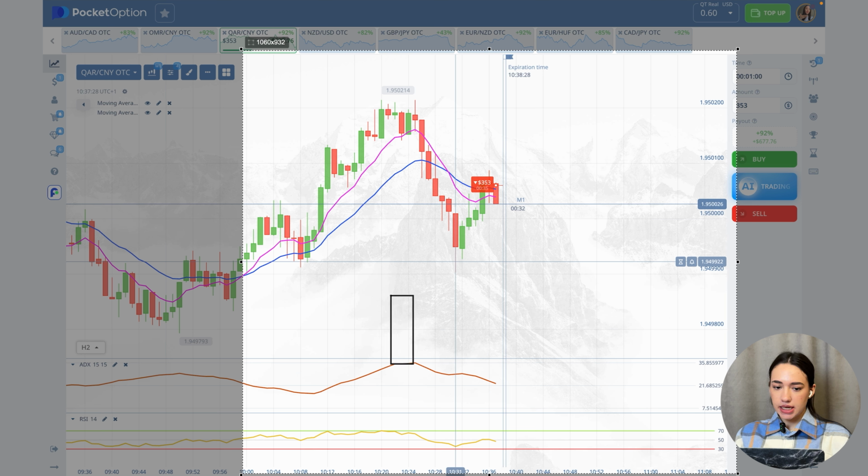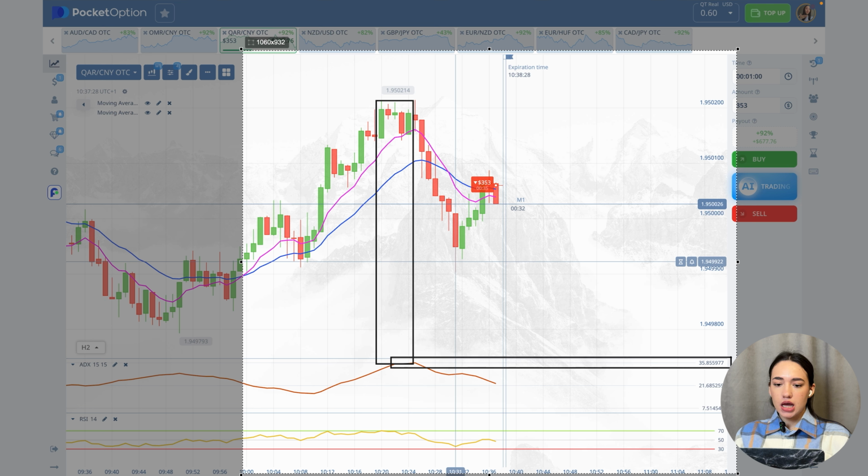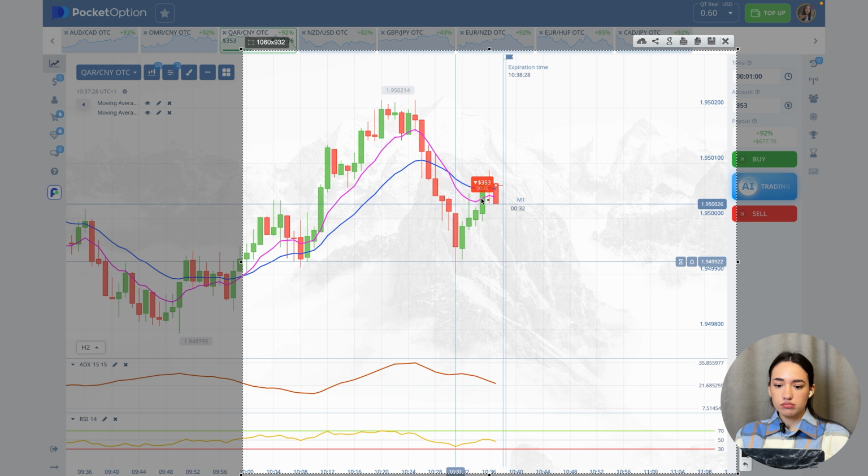Additionally, the RSI indicated overextension in the previous bullish movement, and the moving average had already crossed downward before this pullback. This setup is strong for opening a sell position.